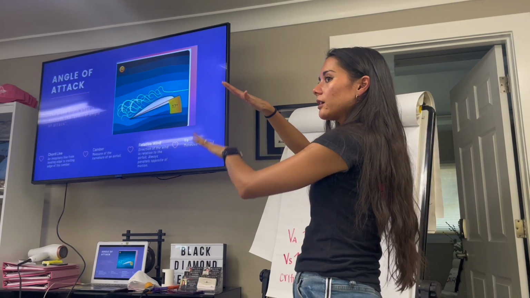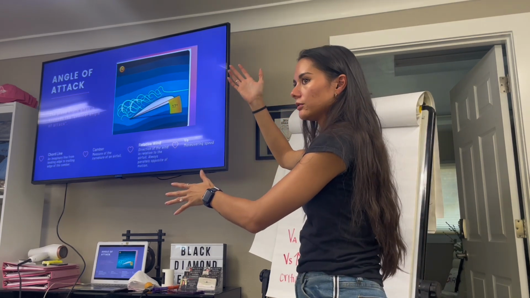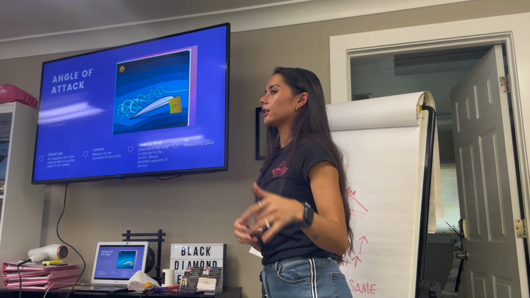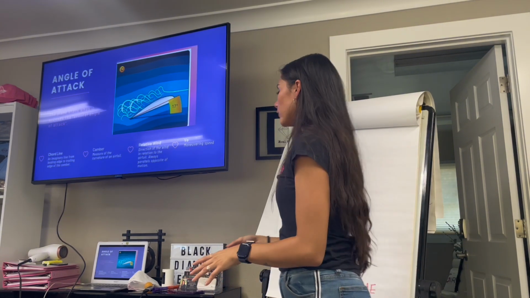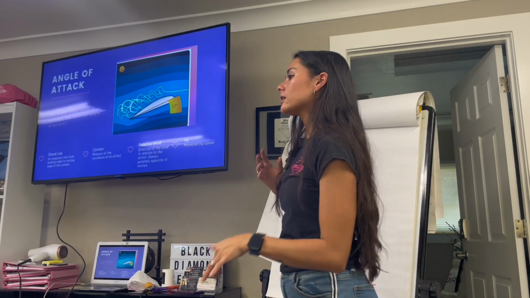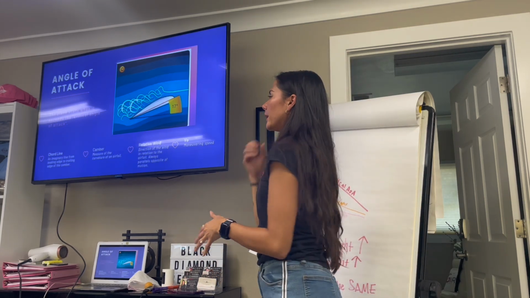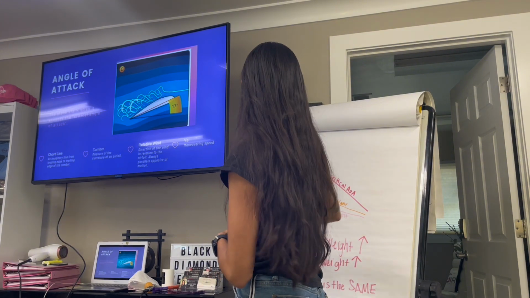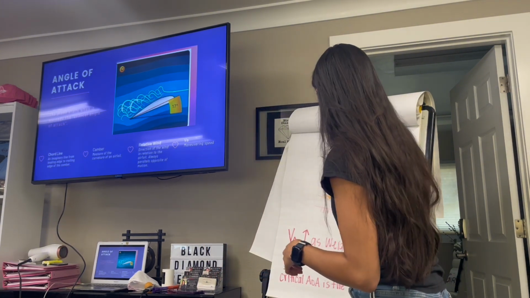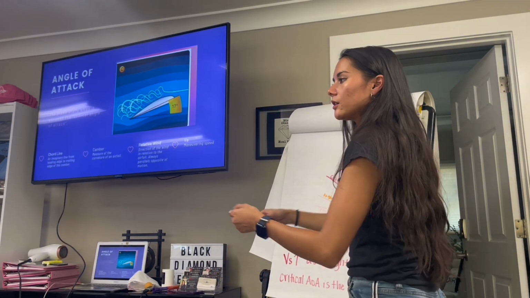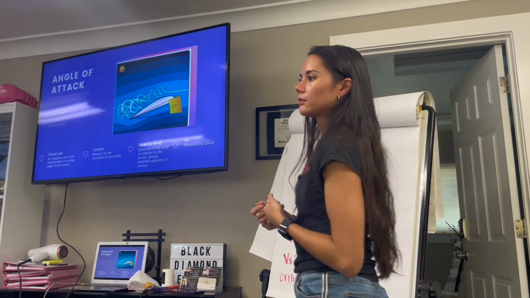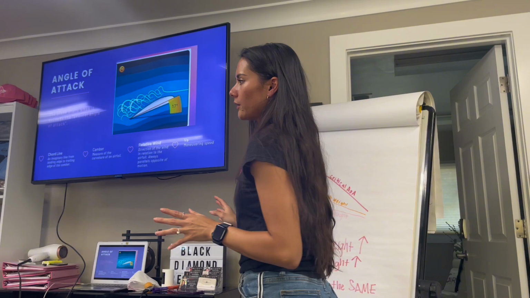Somewhere in between there, something's going to break off because you have more distance to go in order to stall the plane first. So flying at a higher angle of attack with more weight doesn't sound like a good thing, but in this case it is, because that margin between the high weight and the critical angle of attack is a little bit smaller. So before you can even get the yoke all the way back, the plane's going to stall first. It'll stall before you have a chance to rip off anything.